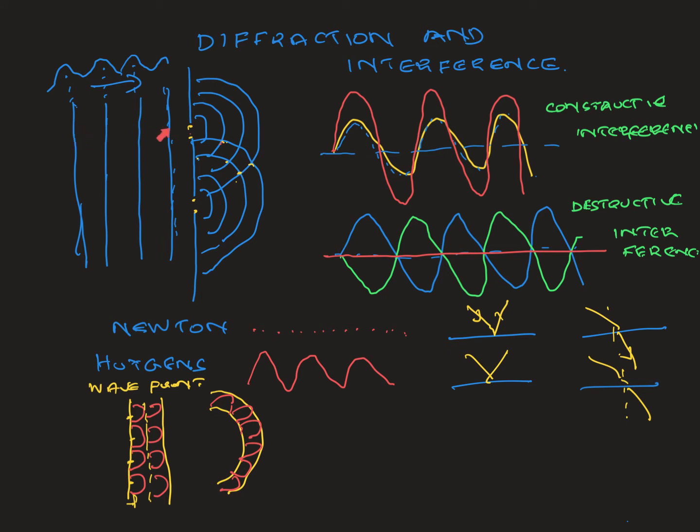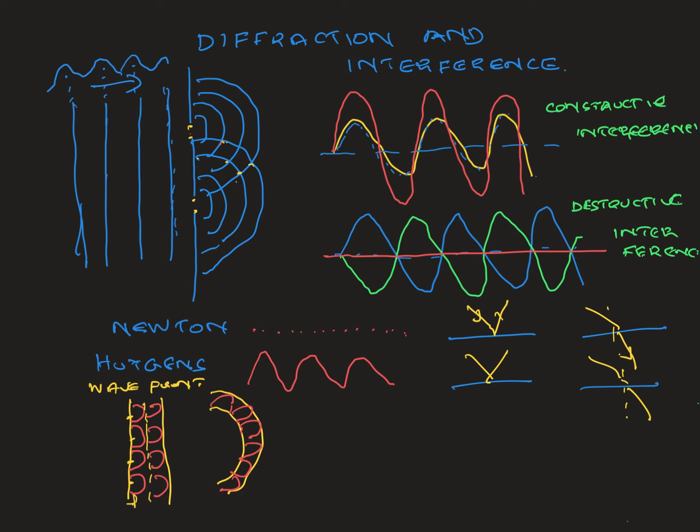The light waves come here, and the slit size is smaller than or equal to the wavelength, so the light diffracts. Because each point is a source of another wavelet, the light would propagate like that. So he was able to explain the diffraction of light using the wave theory.